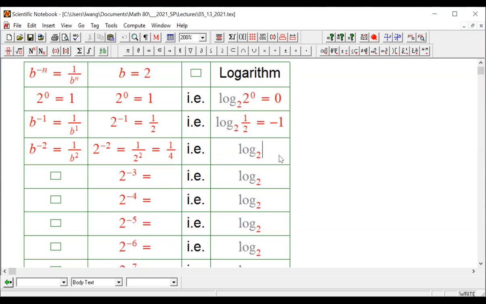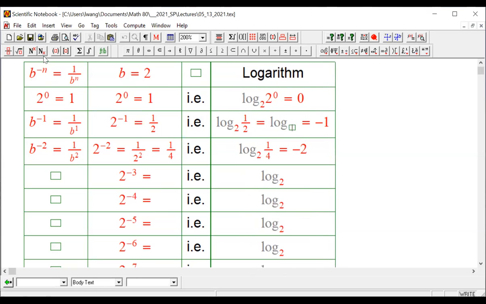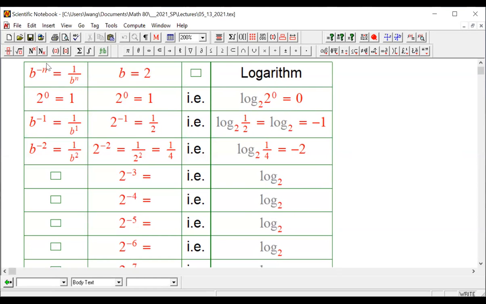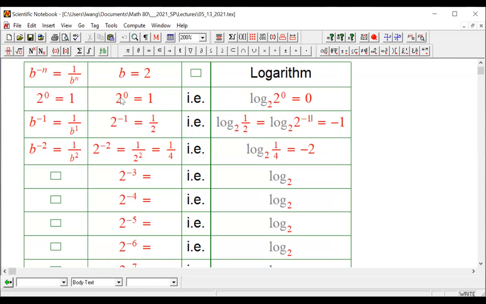So this is log base 2 of a quarter is equal to -2. And you can also write it as log base 2 of 2 to the power -2. I'm giving you all these examples here, and I want you guys to fill in the blank for the rest of them.